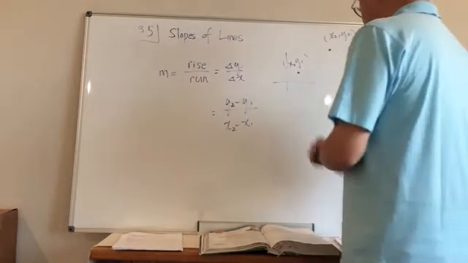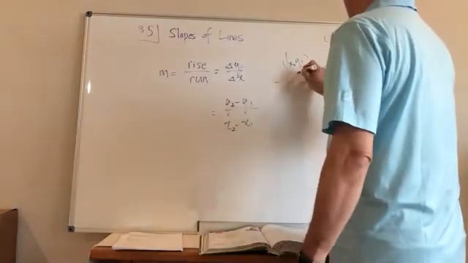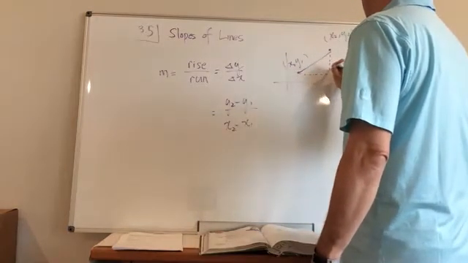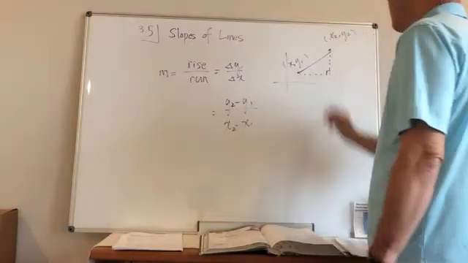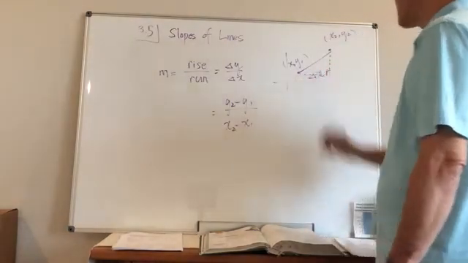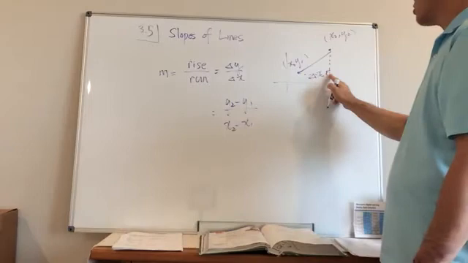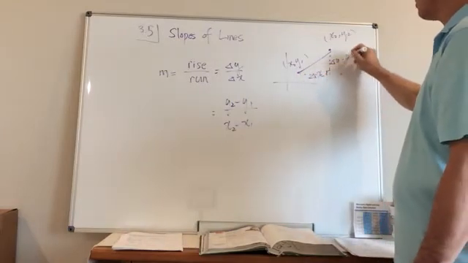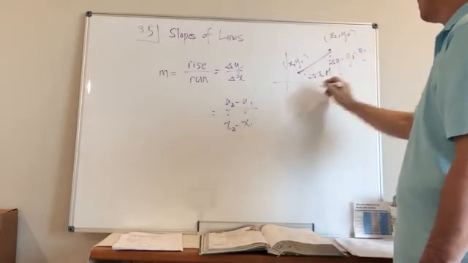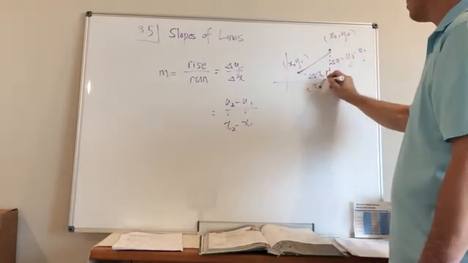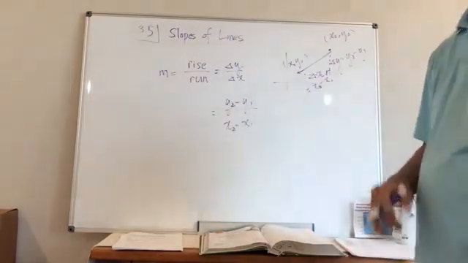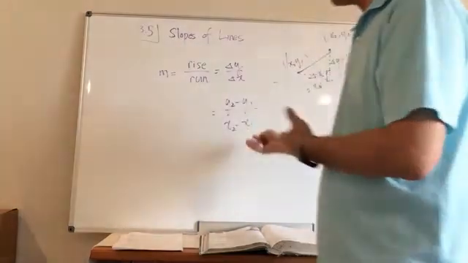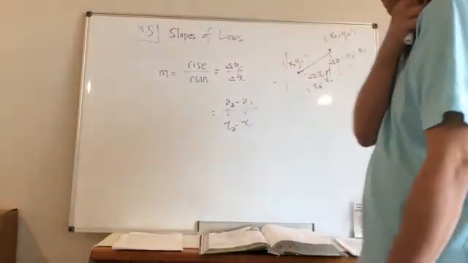So in other words, if I drew a triangle here, this is the delta x, x2 minus x1. This is the delta y, which is equal to y2 minus y1. Delta x was x2 minus x1. Okay, so hopefully this makes a little more sense now, right? Now that you've been through this so many years. Okay, all right.